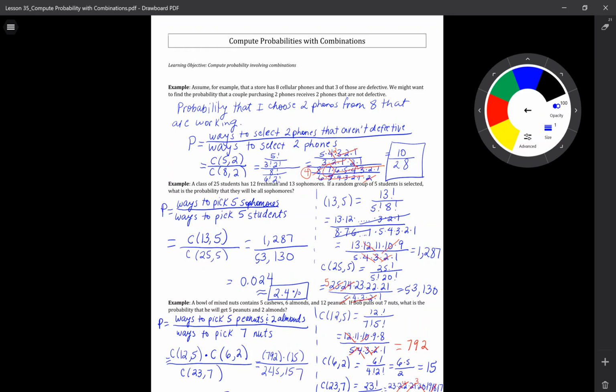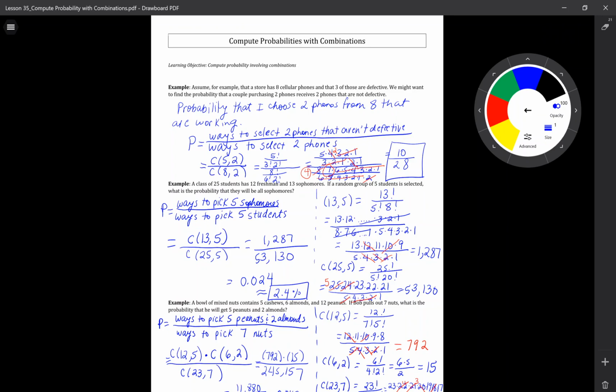So first let's multiply. 792 times 15 is equal to 11,880, divided by 245,157. This is 0.048, which is 4.8%.